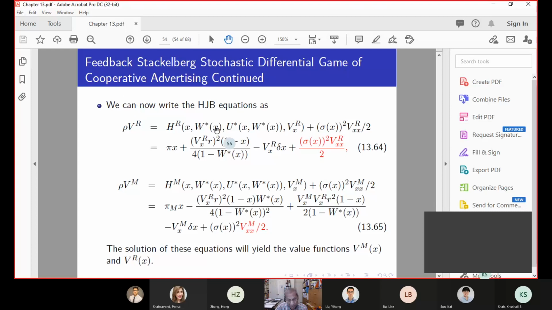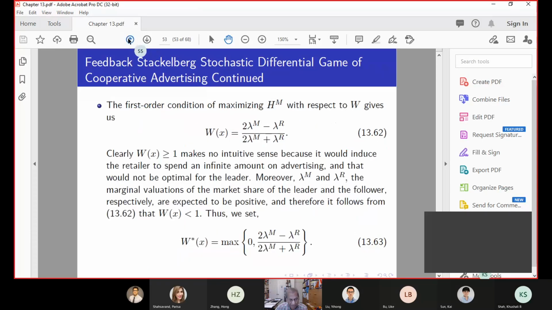So what we do now is, first of all, remember we have lambda m and lambda r, and they are V m sub x and V r sub x. By the way, I'm looking at your pictures to talk to you in some sense, and I'm looking down below where I'm speaking.